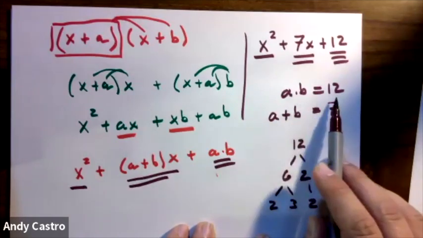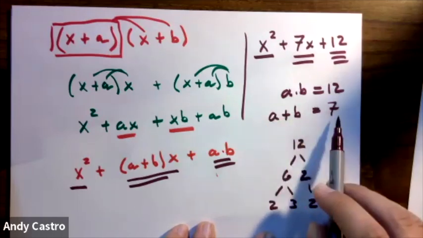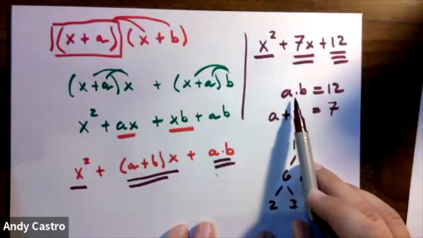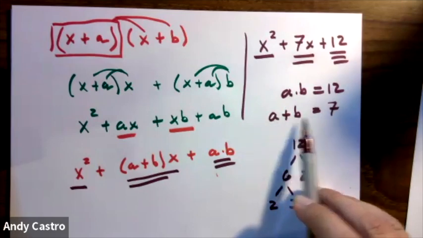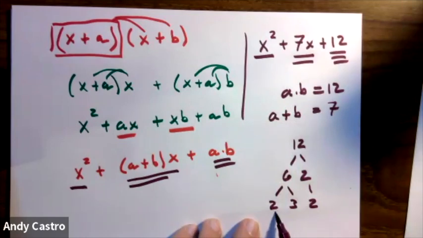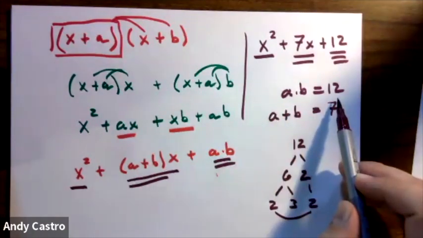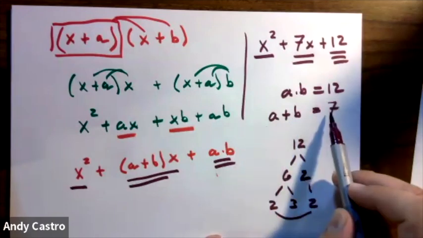Well, 6 times 2 is 12, but 6 plus 2 is not 7. It's 8. I could do 12 and 1. 12 times 1 is 12, but 12 plus 1, that's 13. That's not going to work. But I do have a 4 and a 3. 4 times 3 is 12, and lo and behold, 4 plus 3 is 7.